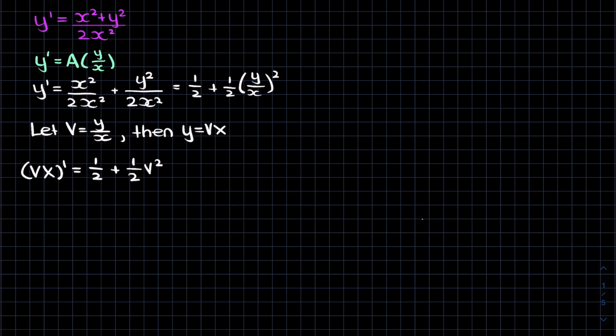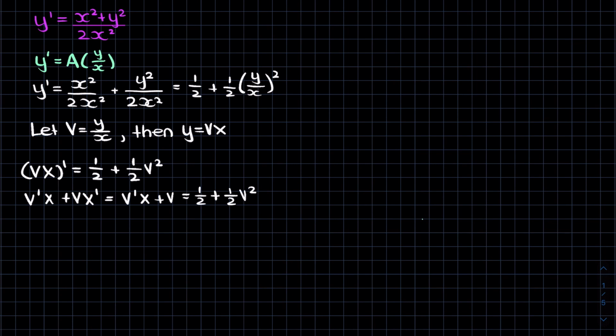Now expanding the left-hand side, we just get v prime x plus v x prime, but x prime is just 1 because it's a derivative of x with respect to x. So we just get v prime x plus v, and this equals a half plus a half v squared.